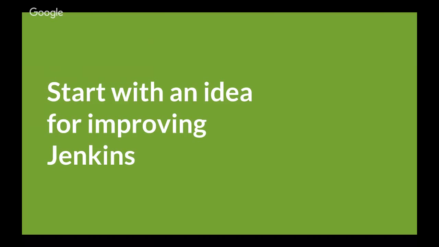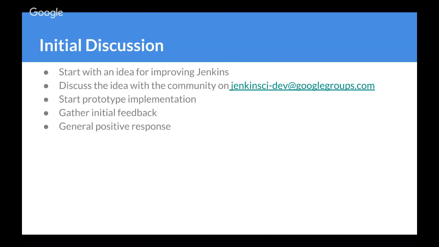So to start with, you have an idea. Someone has an idea for improving Jenkins. They have an idea for a new feature, and they start by emailing the Jenkins CI dev list and asking the community, hey, I've got this idea. What do you think?